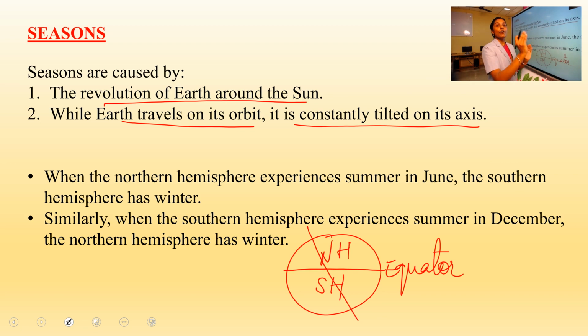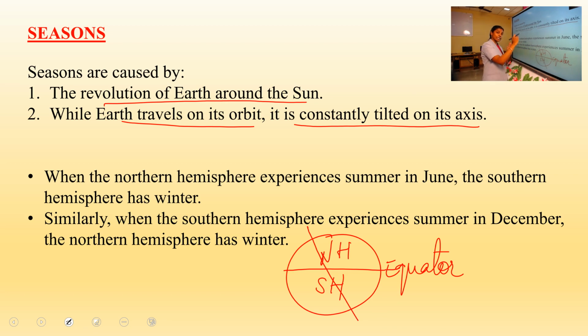So as the earth revolves around the sun, together with the tilt of the axis, only a part of the earth will be facing the sun.